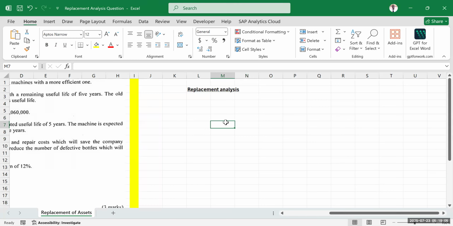Now, when you want to do replacement and analyze the viability of the decision you're about to make, you need to ask yourself, are there any incremental initial investments? You are comparing your investment in the new machine you want to buy and the old machine that you want to replace.